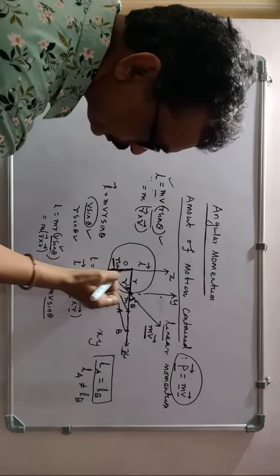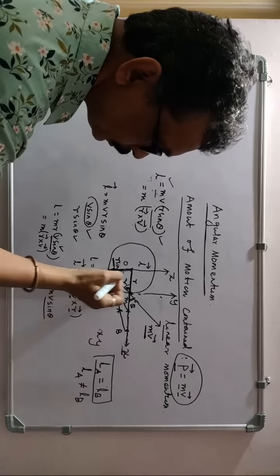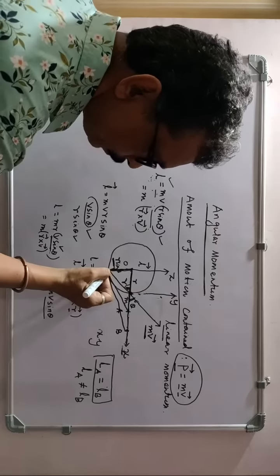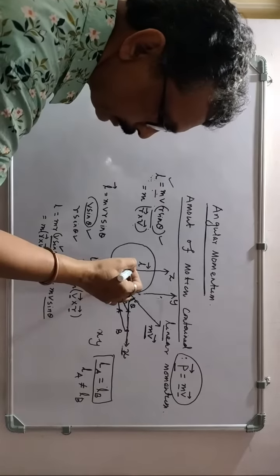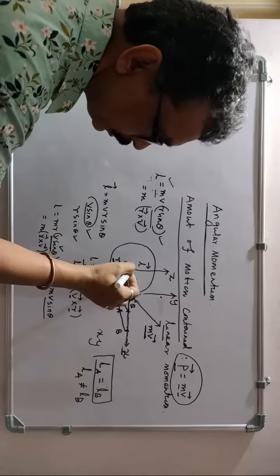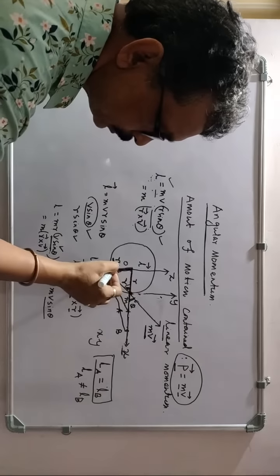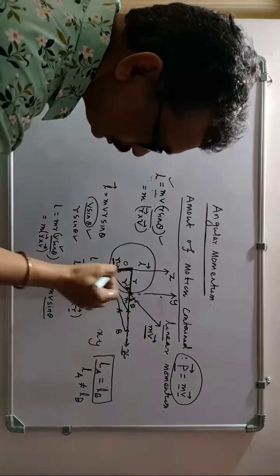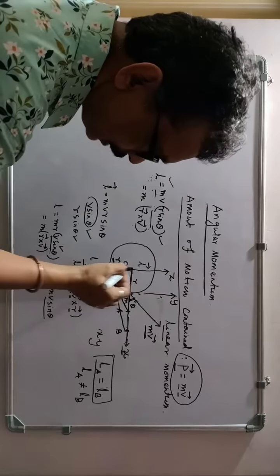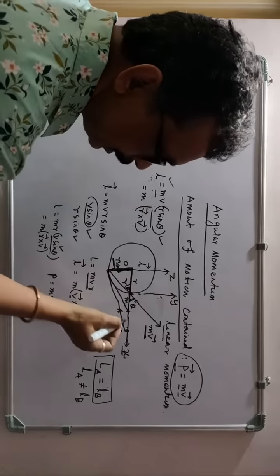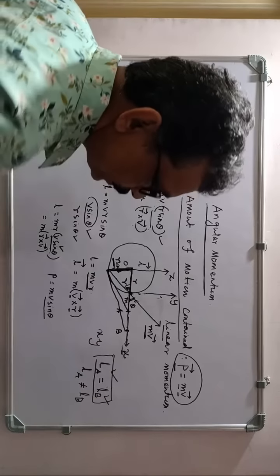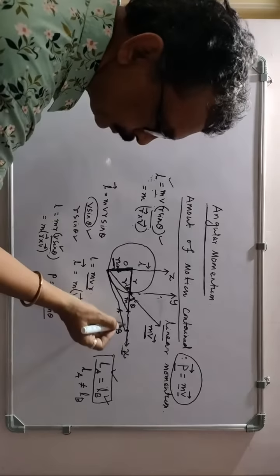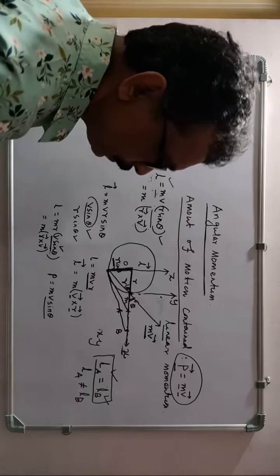But this distance, that means the distance from the considered point to the point where you are generating the angular momentum, this distance r sine theta, this is fixed. Since r sine theta is fixed and v is constant, LA must be equal to LB. Angular momentum at A must be equal to angular momentum at B.